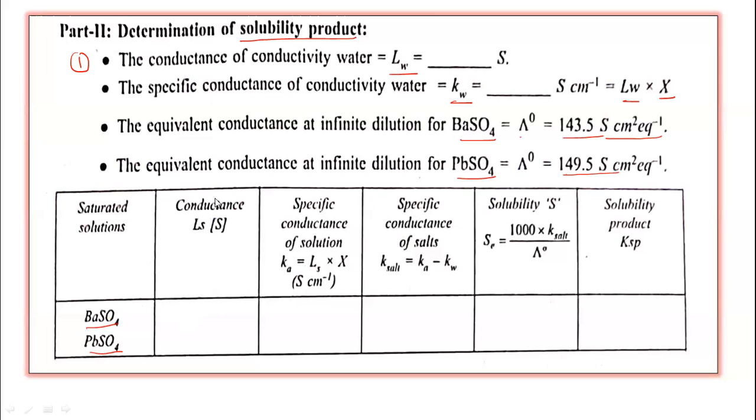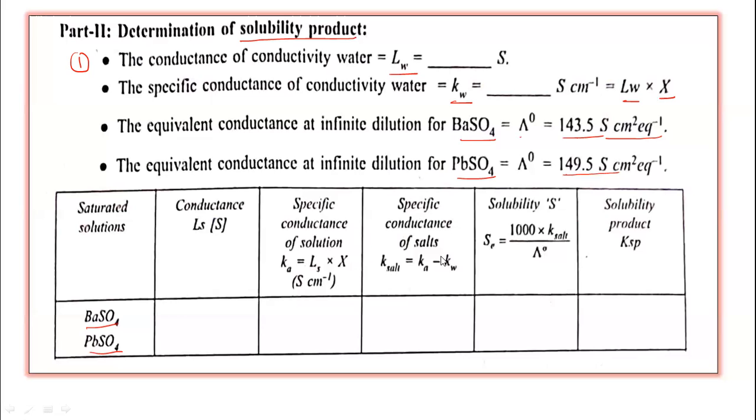In the first column, the conductance is given here. Then with the help of the conductance, we can determine the specific conductance. Once again, specific conductance is equal to conductance multiplied by cell constant.